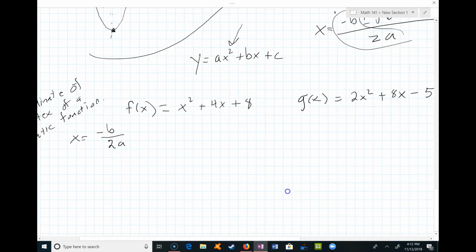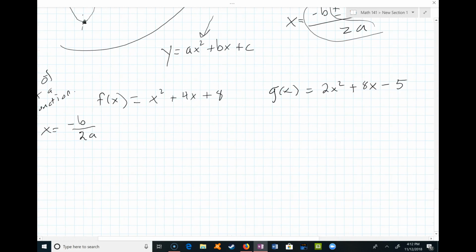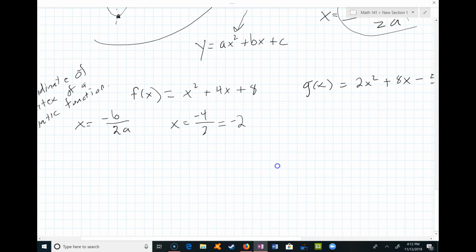So if I'm trying to graph this thing, the first thing I want to know is the vertex. So I just go x equals, so the negative b would be negative 4 over 2a, that'd be 2 times 1, which would be 2, and I get a negative 2 here. So that tells me the x coordinate of the vertex is negative 2, which means the y coordinate of the vertex is just going to be f evaluated at negative 2.